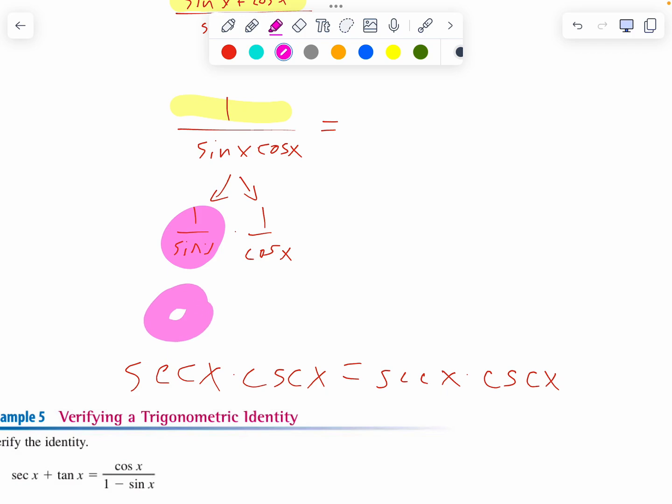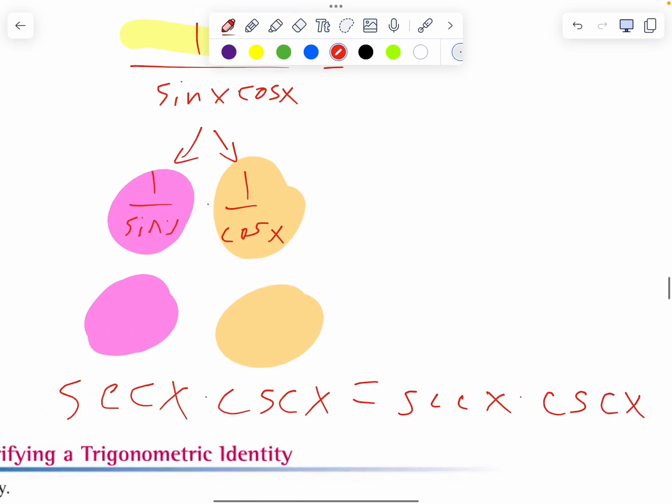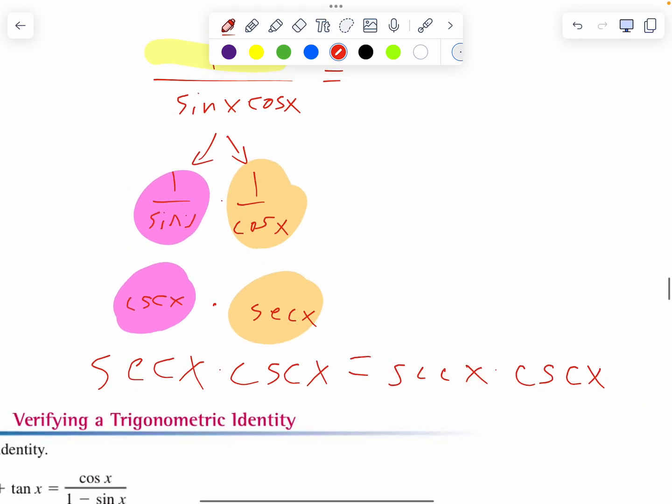You've seen pink before, and you've seen orange before. Orange is secant x, and pink is cosecant x. They're backwards.